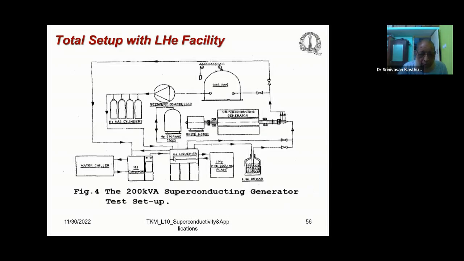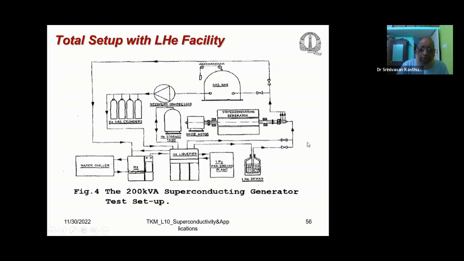So you have a helium liquefier which produces helium in a storage vessel, and its own water chilling unit, and then the LN2 pre-cooling plant, etc. are all there. Now this is the storage tank for helium. A part of it, the liquid helium, is sent to the superconducting generator.